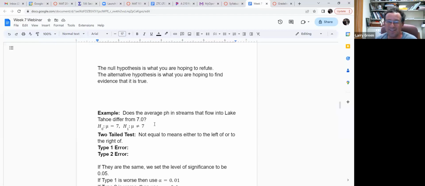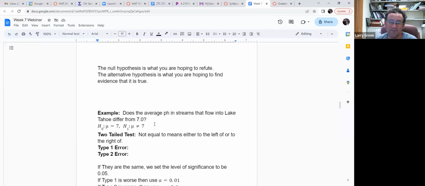But it's always done towards the end of May here. And what we do is we literally go in, and they get a bunch of volunteers, and I think there were like 100 of us volunteering and looking at all the creeks that flow into Tahoe, and we tested the pH. Okay, and this is done.